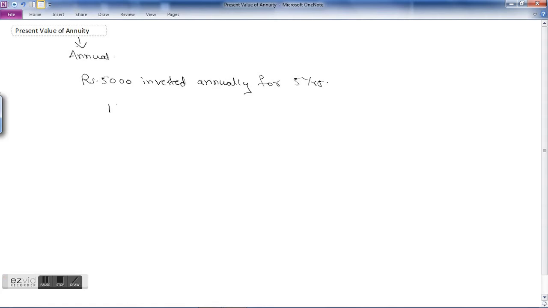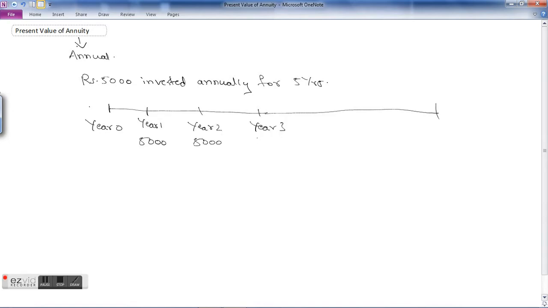If you draw a timeline, we are in year 0. At the beginning of year 1, 5,000 is invested. Then year 2, 5,000 is invested. Year 3, 5,000 is invested.